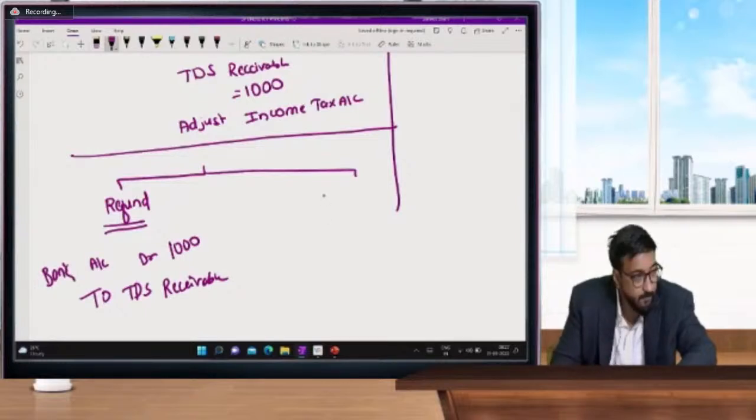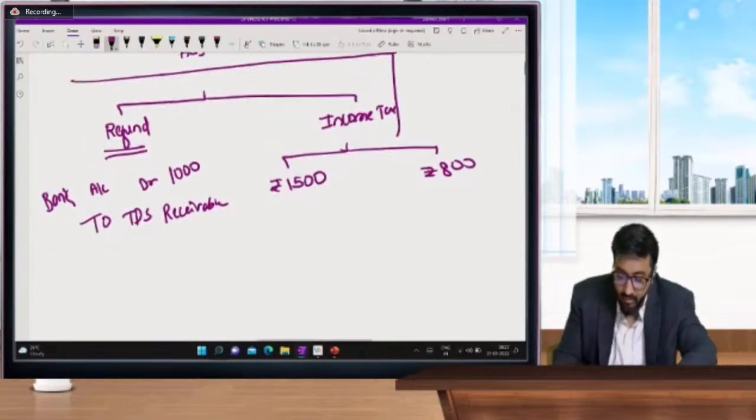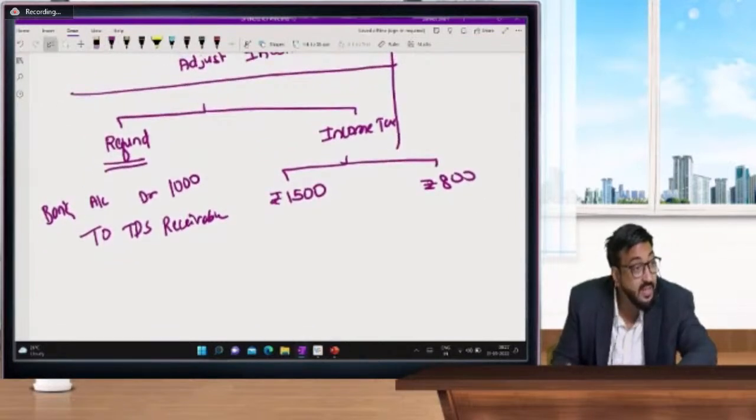If my income tax during the year calculation is rupees 1,500 and 800, how much balance in TDS receivable?